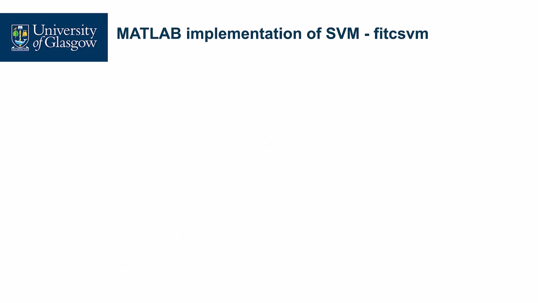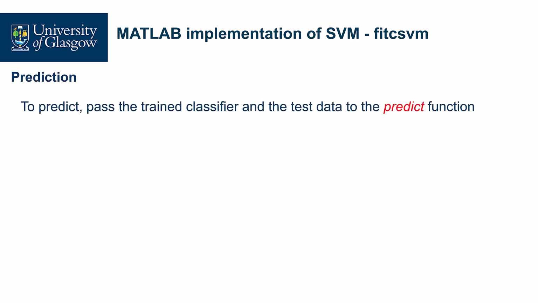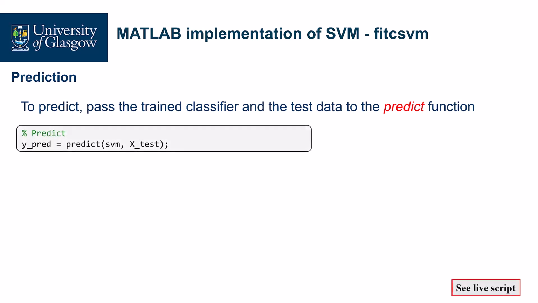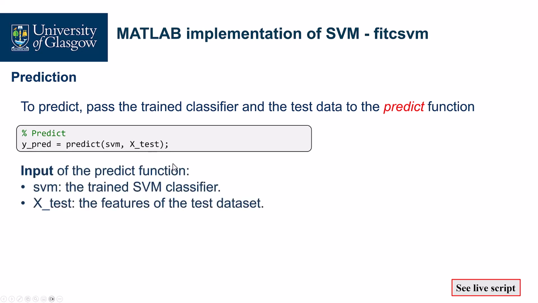After we train the SVM classifier, we need to make the prediction. We can use the trained classifier and the test data with the predict function. The predict function is here: SVM, comma, X_test. X_test is the features of the test data set, and SVM is the trained classifier.